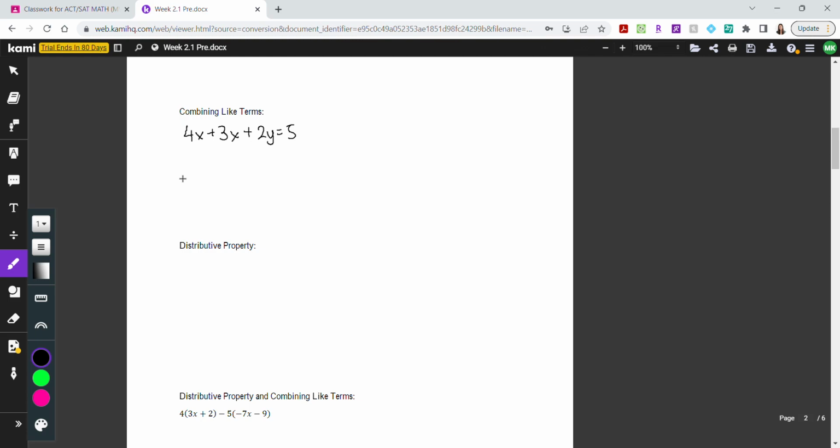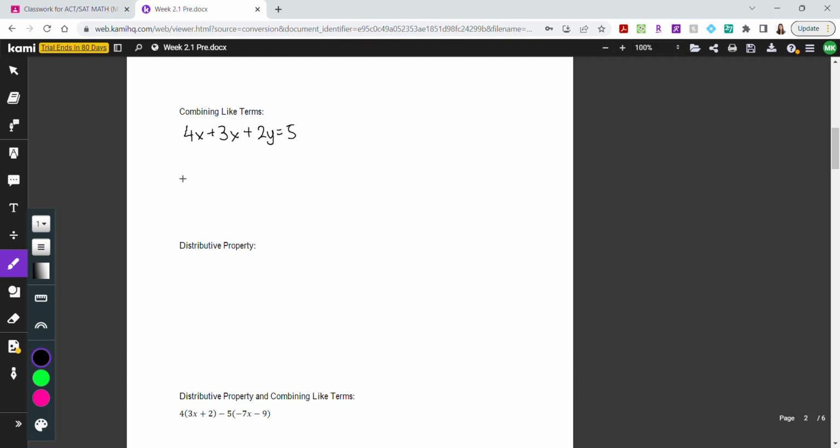So 4x and 3x are one species, 2y is another species, and 5 by itself is another species. Anything with x is one species, anything with y is another species, and anything that doesn't have a variable, just a whole number by itself, like 5 in this case, is another species. And in order to combine like terms, they have to be the same species.